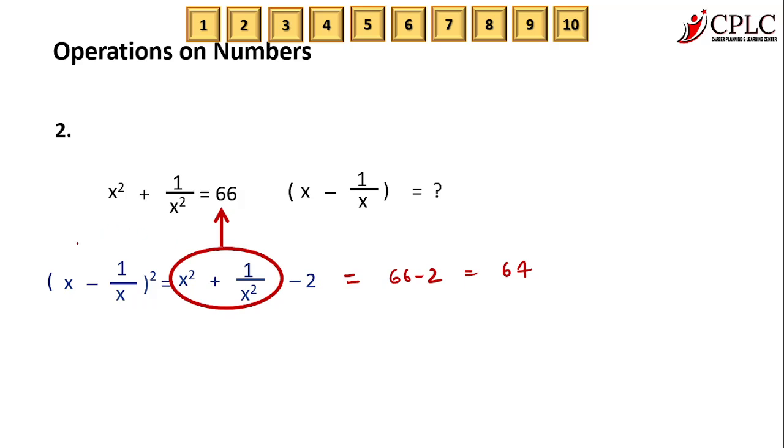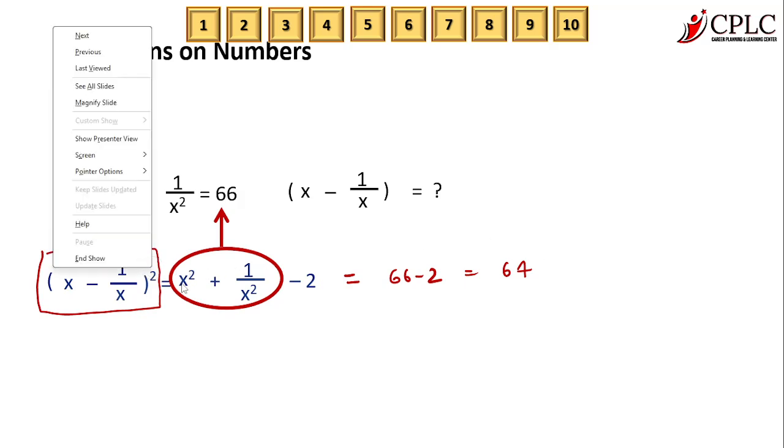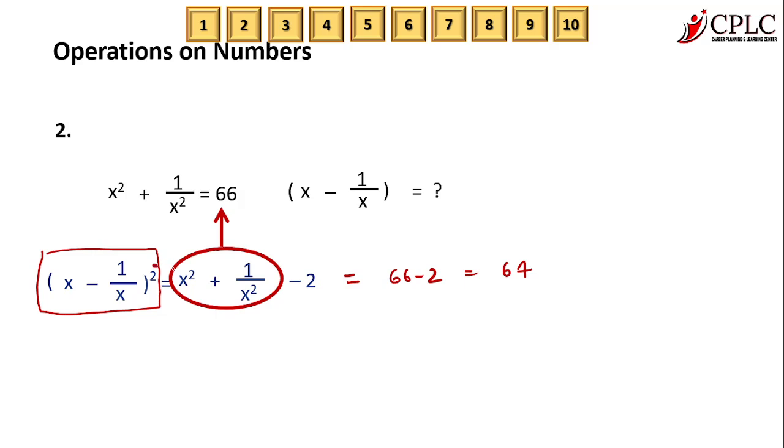But then look at what has happened. We have the answer for x minus 1 upon x, the whole square, and that answer is 64. Whereas we wanted only x minus 1 upon x. So you have to get rid of the square. Now how do we get rid of the square? So we do square root. And if we do square root on the left side, we have to do square root on the right side also.